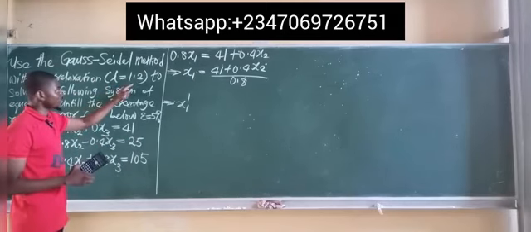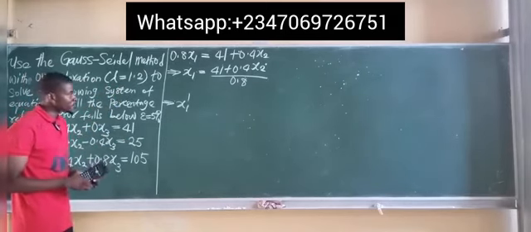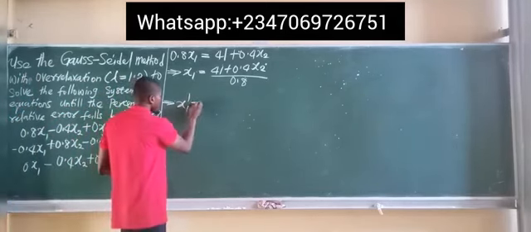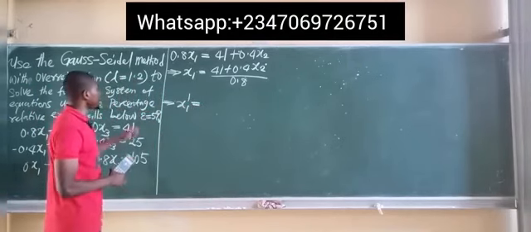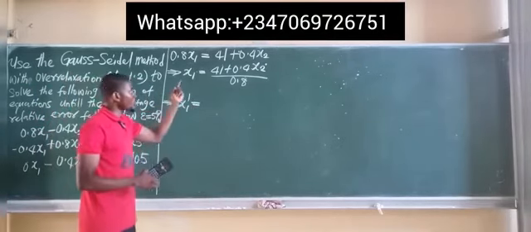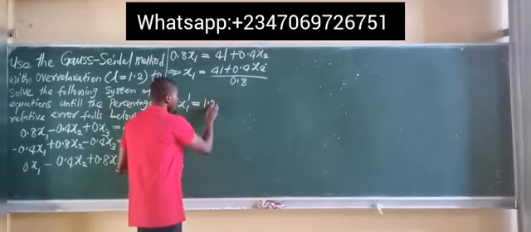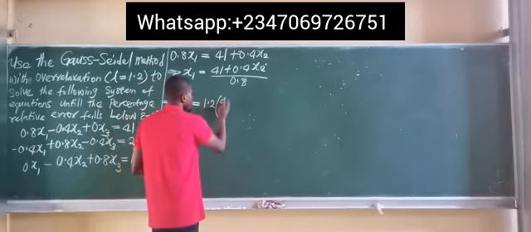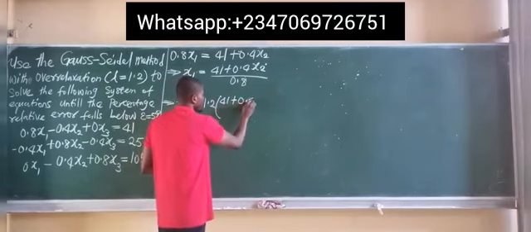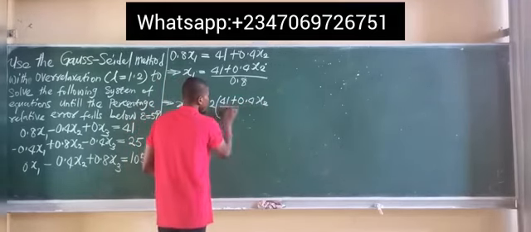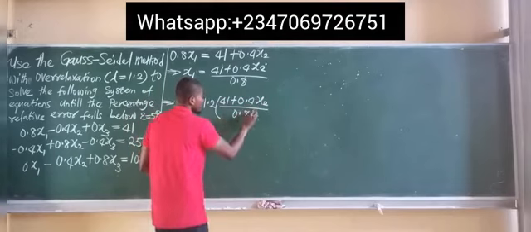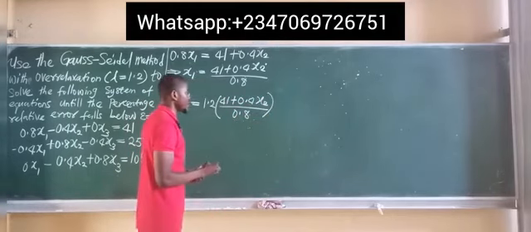Now, how does this overrelaxation affect this equation? You simply have this be equal to, using the value of the overrelaxation, which is 1.2, to multiply the whole of this equation. I will simply have 1.2 multiplied by 41 plus 0.4 x2 all over 0.8. Then again, it doesn't end there.